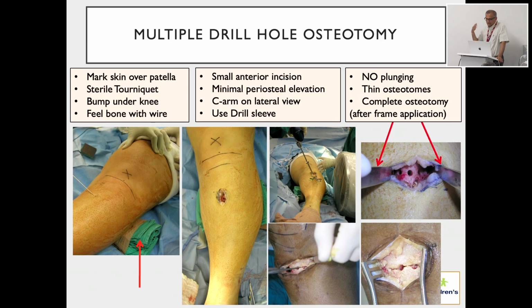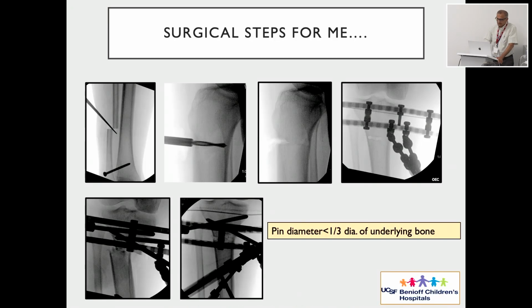And then I'll put fixation above and below based on what's needed. So I'm not cheating and moving my osteotomy site to a different location because I put too many half pins where the osteotomy needed to be. So sometimes it's good to commit yourself and then work around it once you know where the osteotomy is going to be. So again, one way to do it.